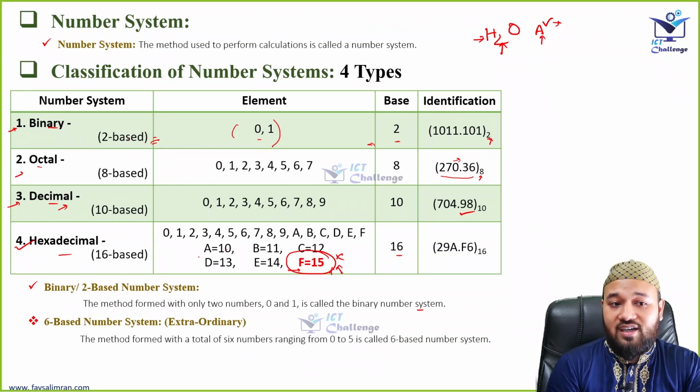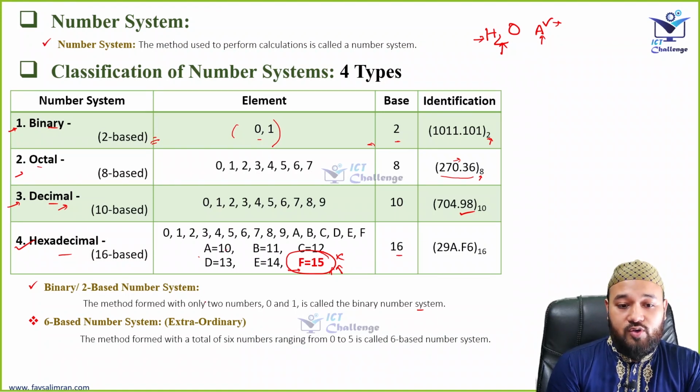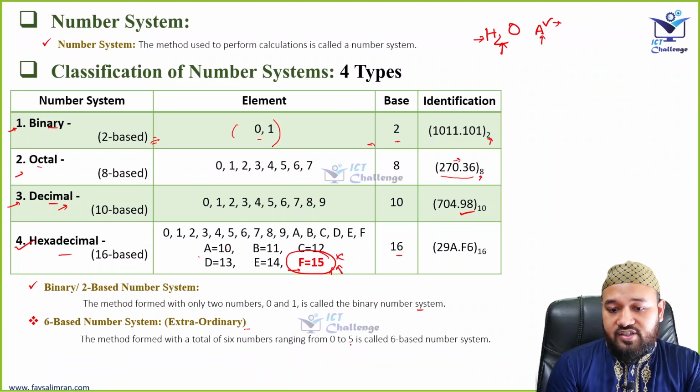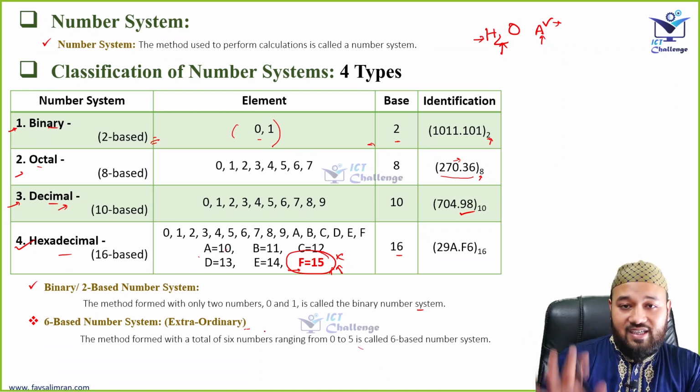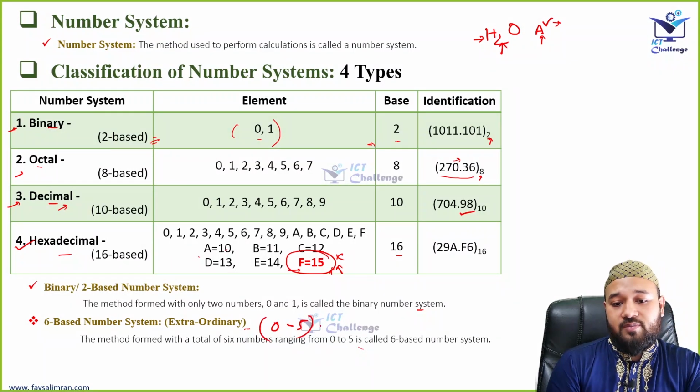We just learned the 2, 8, 10 and 16-based number systems, but it is also a very important question. The method formed with a total of 6 numbers ranging from 0 to 5 is called the 6-based number system. That means in this method we use the range 0 to 5, and the total number of elements is 6.